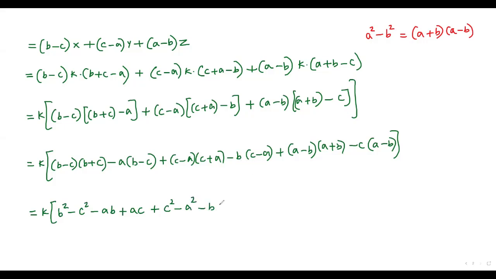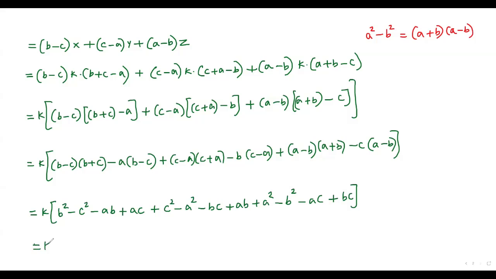Then I'm getting negative bc, and negative times negative will become positive ba, or it can also be written as ab. Now we can write this product a negative b and a positive b as a square negative b square, and here we can distribute this negative c to this a and negative b. Then I'm getting negative ac, and negative c times negative b can be written as positive cb, or it can be written as just bc.